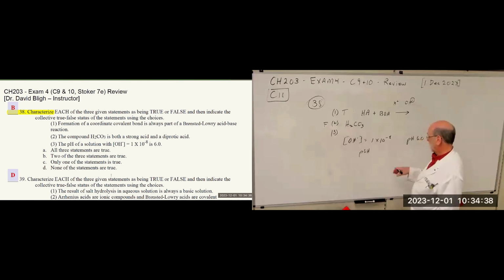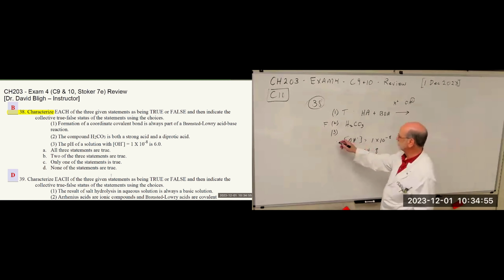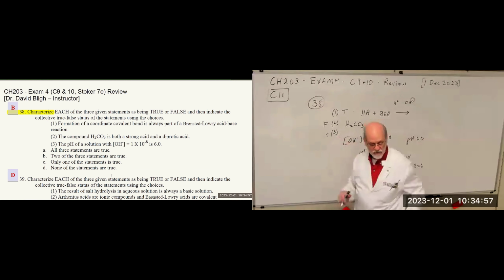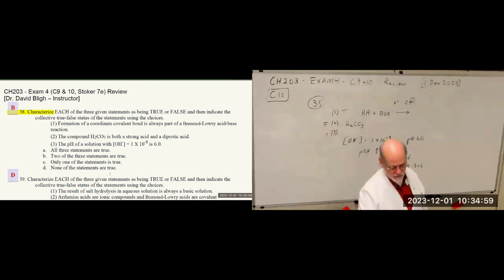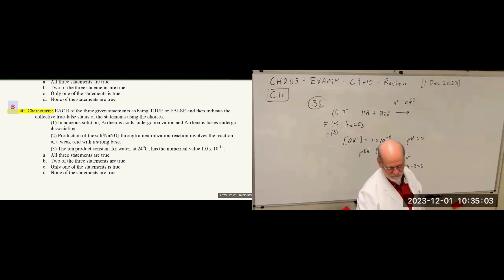The log of this would be minus 8. The negative log of that would be 8. So pOH plus pH equals 14. That means pH equals 14 minus 8, which is 6. That one's true. So 1 and 3 are true. You have 2 true answers. B is the answer to that one. Ooh, got a bunch of these.